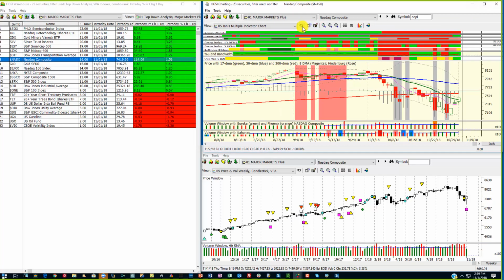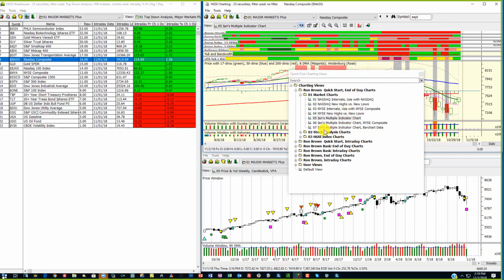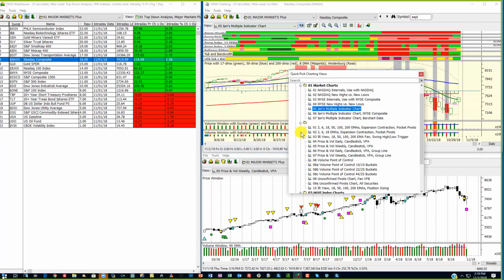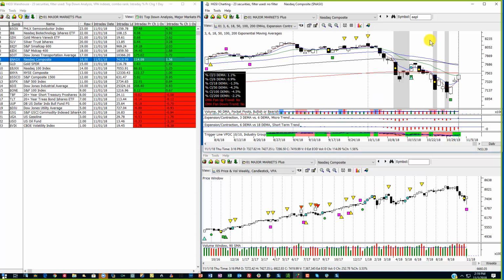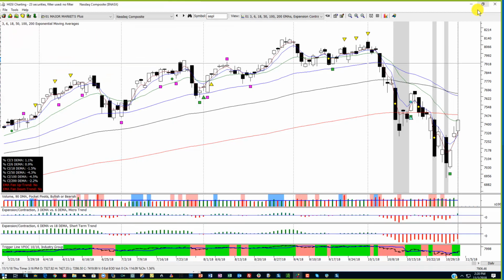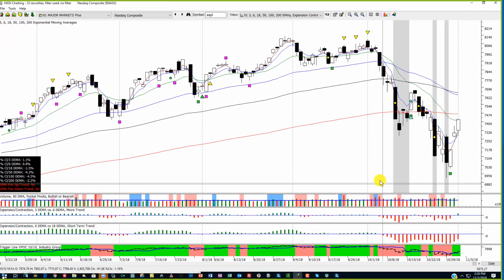Now, let me get out of here, and I'm going to go to one of my stock analysis charts here, number 1, down in the number 2 folder. What this does is it puts this in perspective for me. I've standardized on these moving averages, the 200, which is the red.